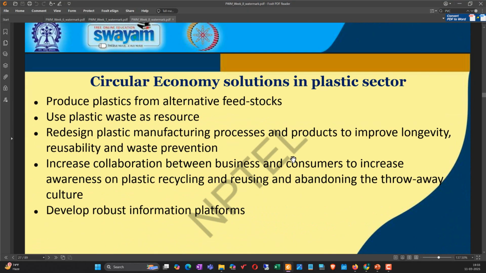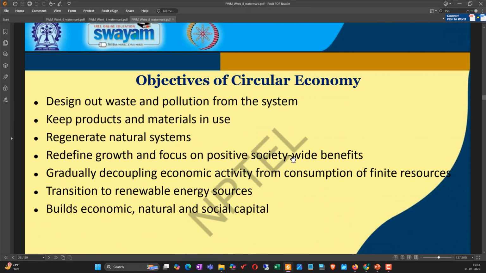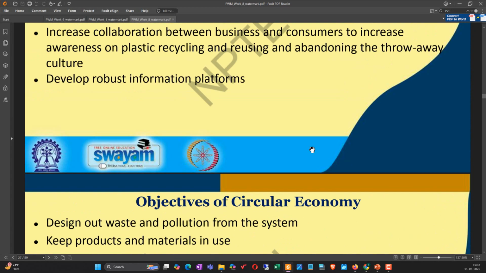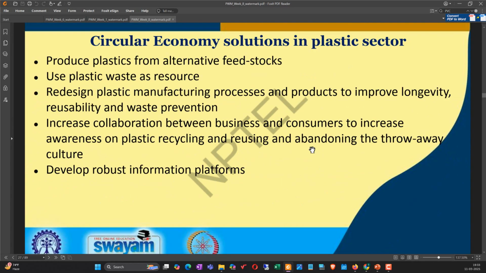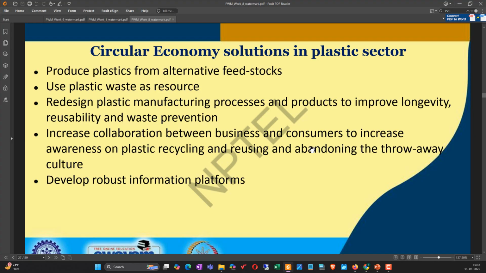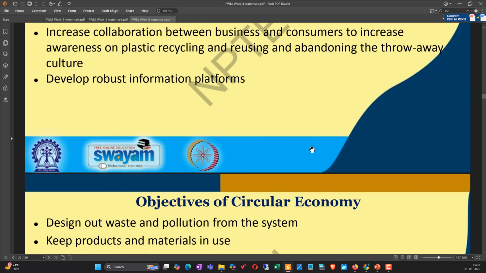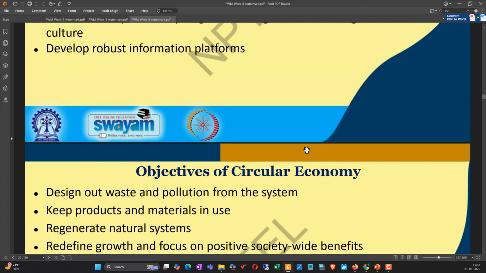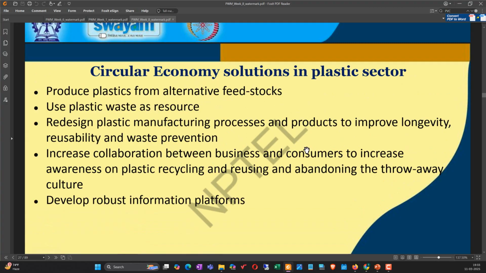So you will see these are some objectives of the circular economy. These are some economic solutions in the plastic sector. An information platform is needed. Then producing plastic from alternative feedstock has to be there. There is plastic waste as a resource.